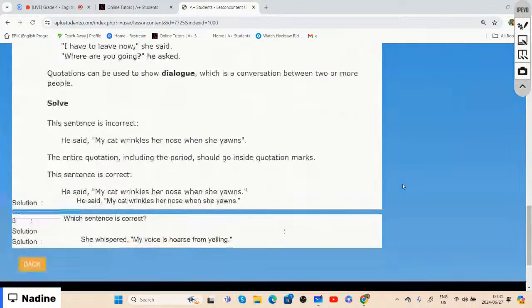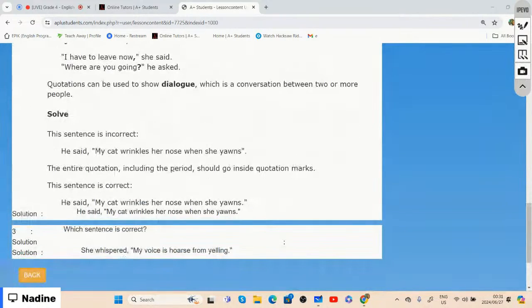All right, let's look at the next one. It says, she whispered, "My voice is hoarse from yelling." So once again, let's look at the sentence. The period is inside. Is that correct now or is that incorrect?